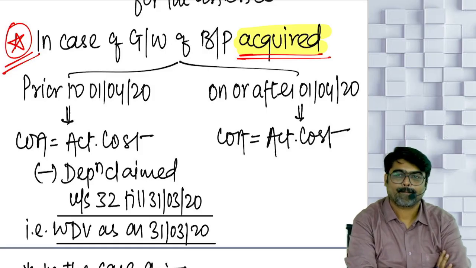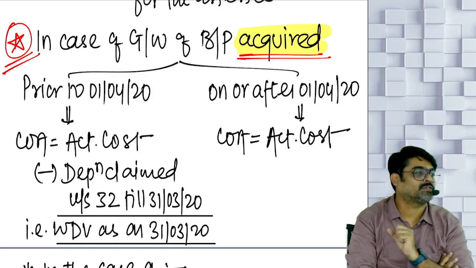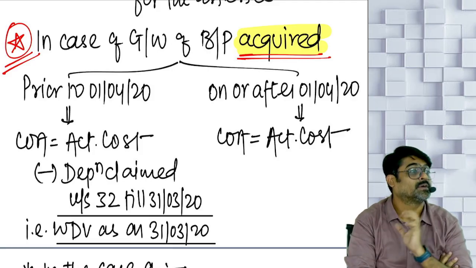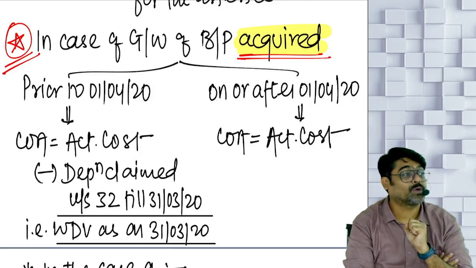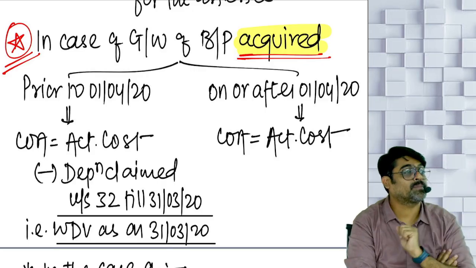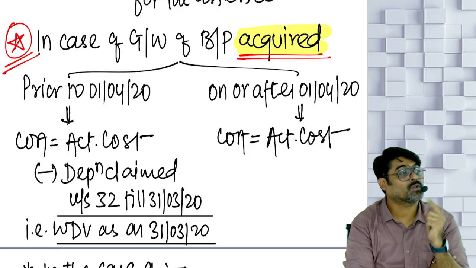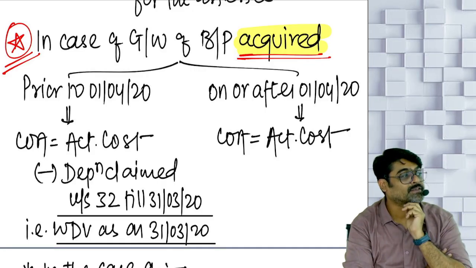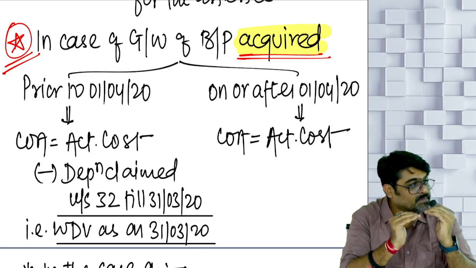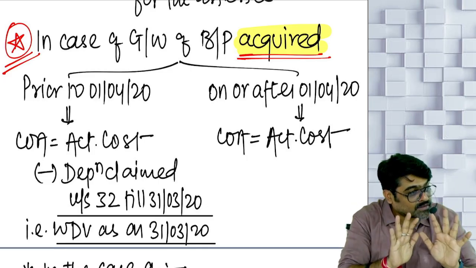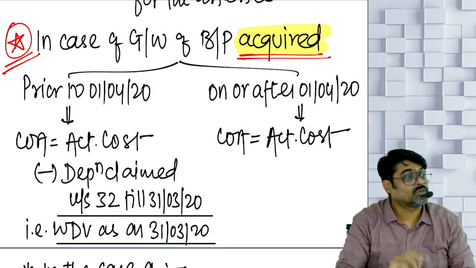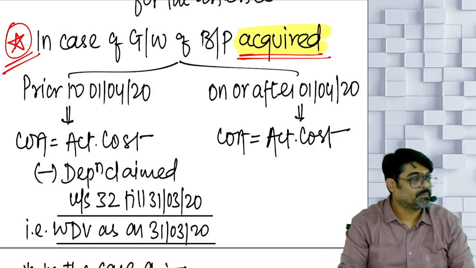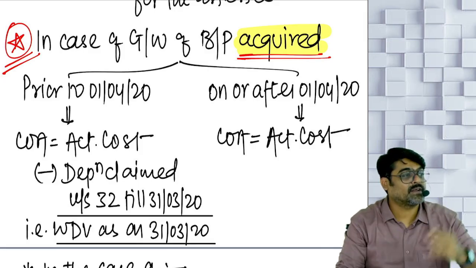Do you remember specified assets of which you are the owner and used for the purpose of your business or profession? For those assets only you can claim depreciation. So under the head PGBP, only certain assets are specified whose cost you can claim.